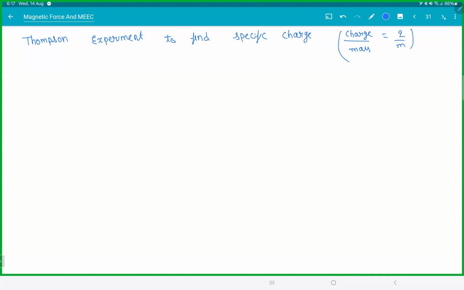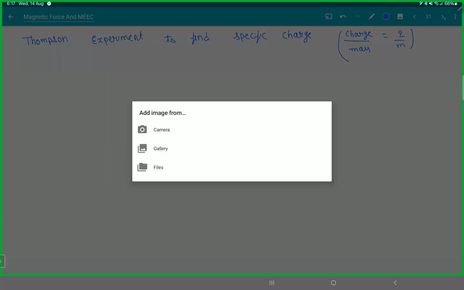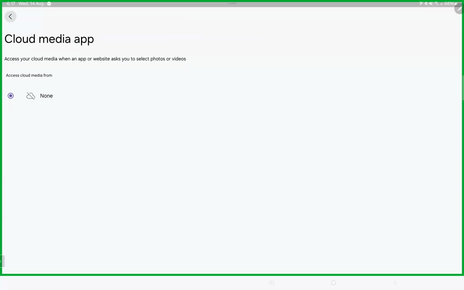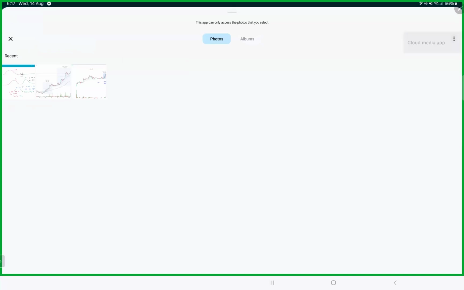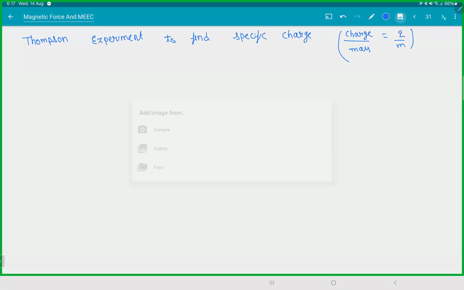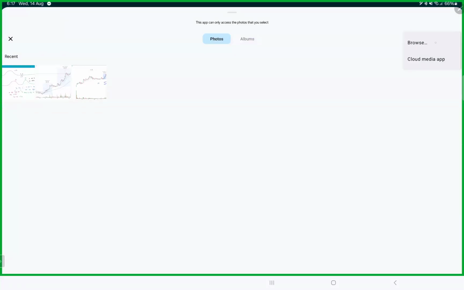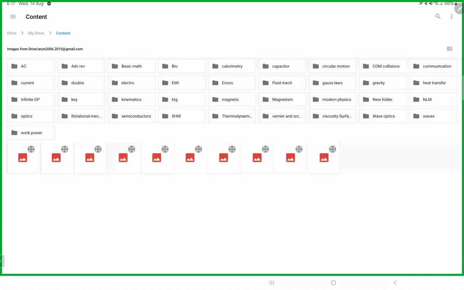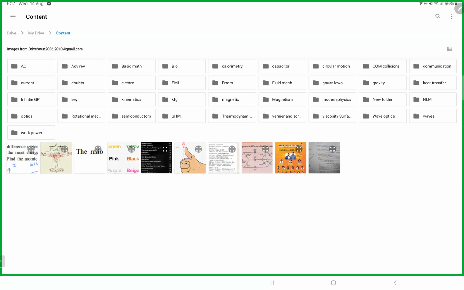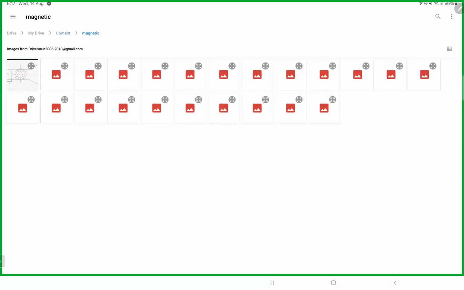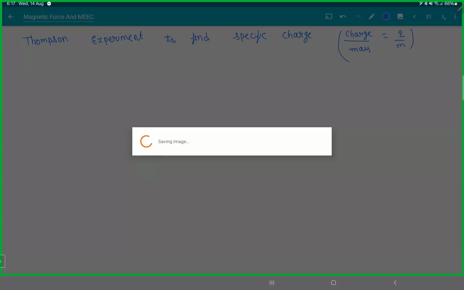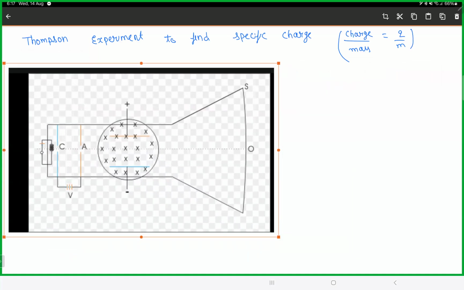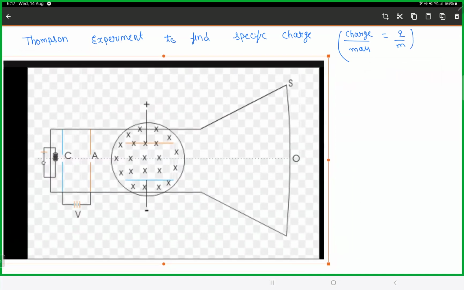Yeah, velocity selector, mass selector, you can say that. So let's see what the diagram is here. There.